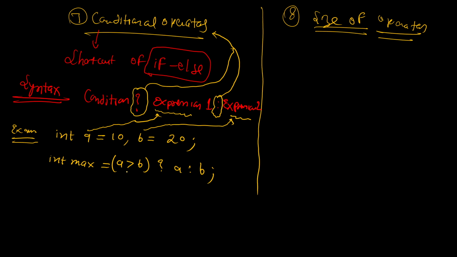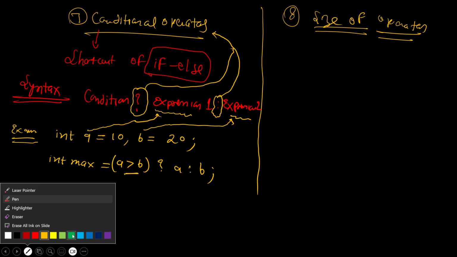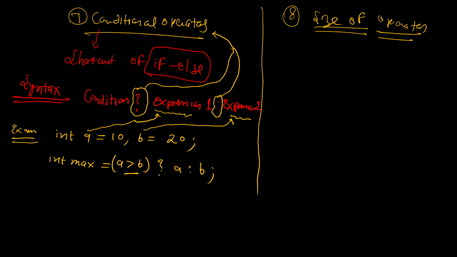Here we apply one condition. So always remember, the condition is applied before this sign, and after this sign, the expressions will be used. The expressions are the variables that we have taken.